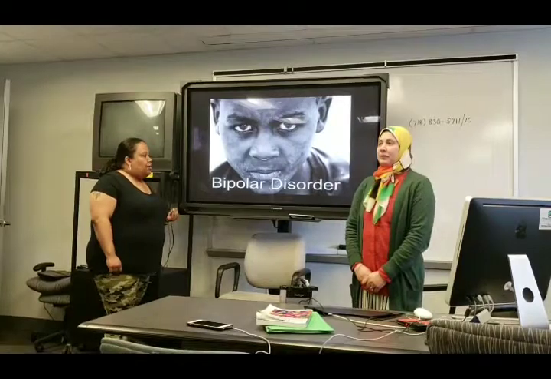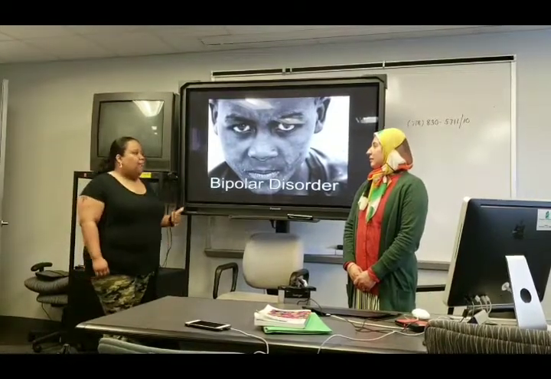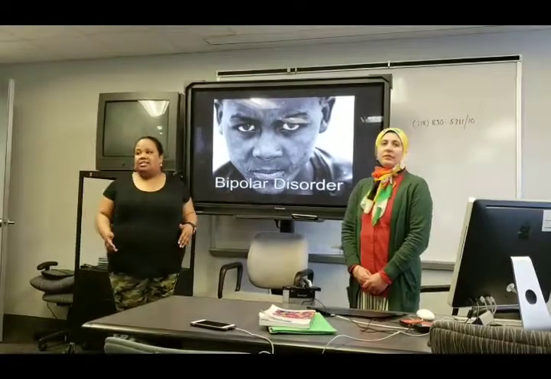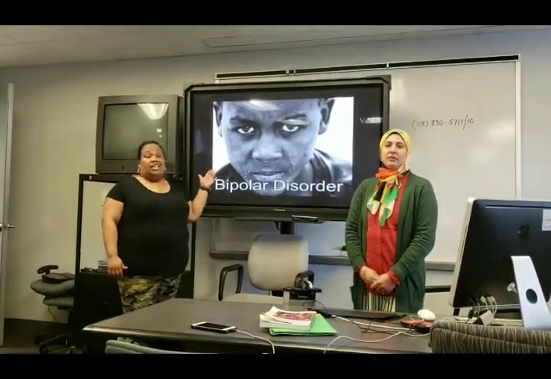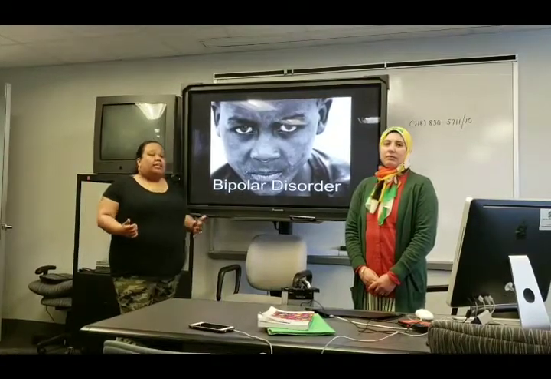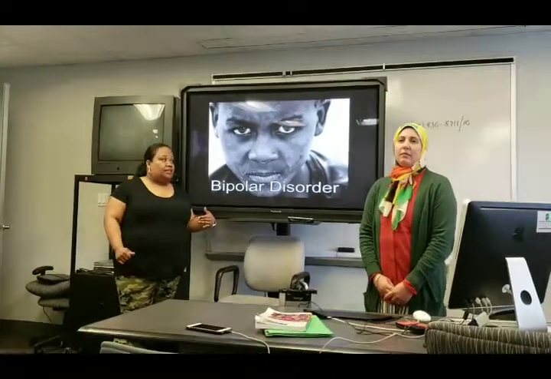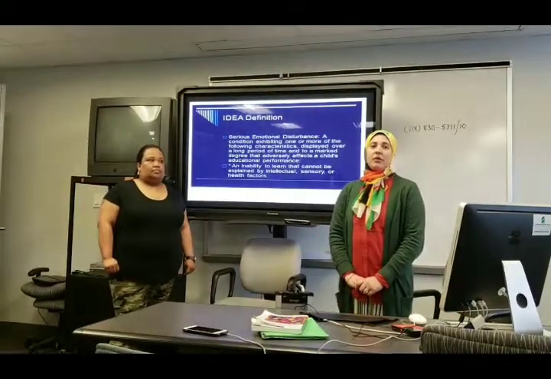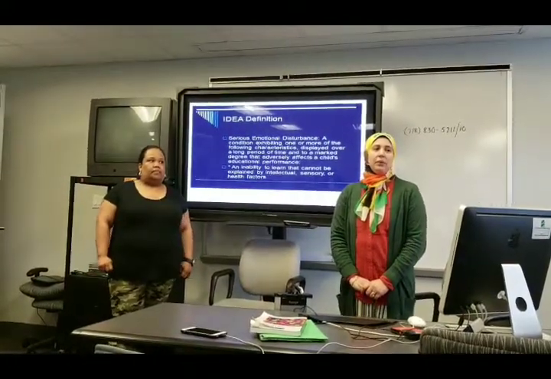So the disability we chose is bipolar disorder, and a lot of times we come into contact with students that look like this student here: very angry, disruptive, and impulsive. As we know, there are 13 types of disability.